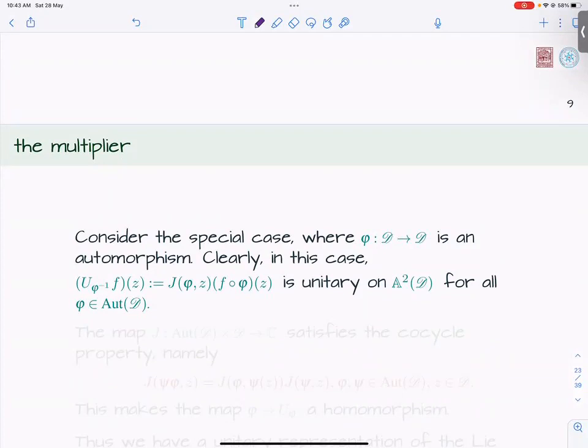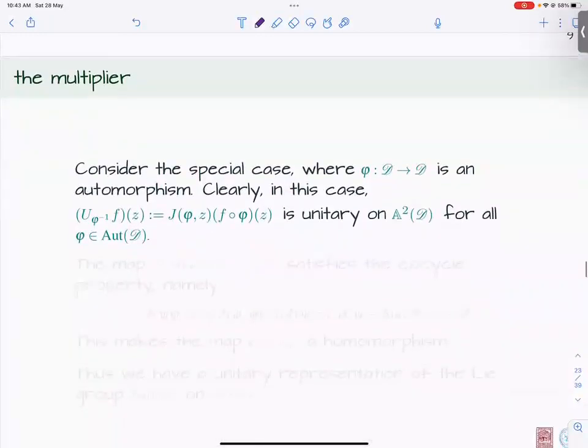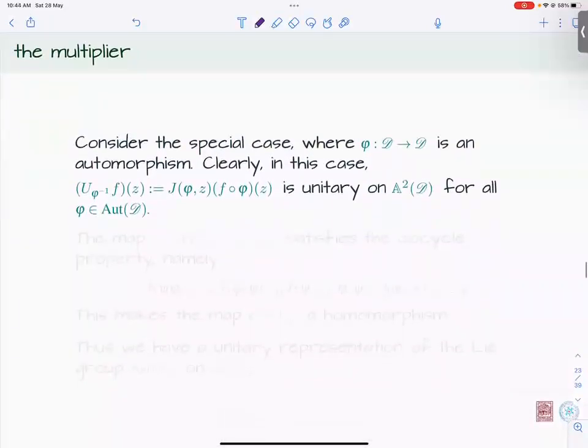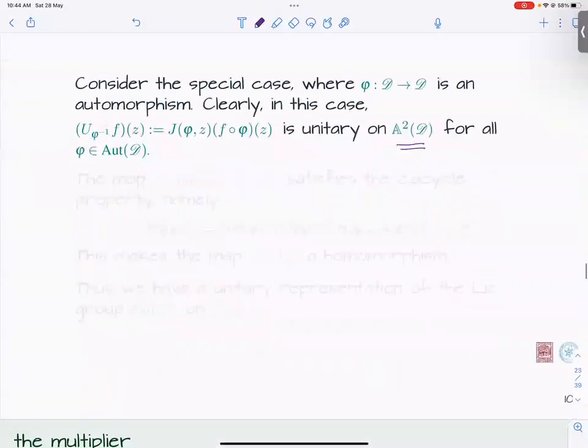Let's first look at the special case where you have a biholomorphic map from D to D. And then we have already discussed that this map, which is multiplication by the Jacobian, that is the determinant, times F composite phi, is already a unitary linear transformation on the Bergman space. Okay.